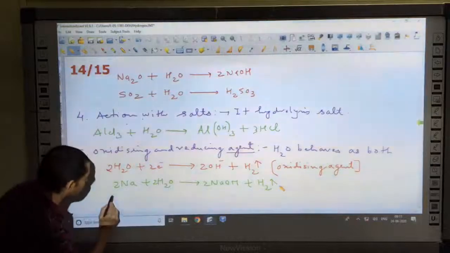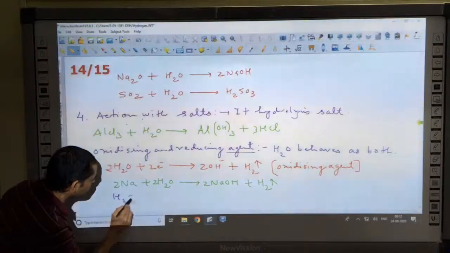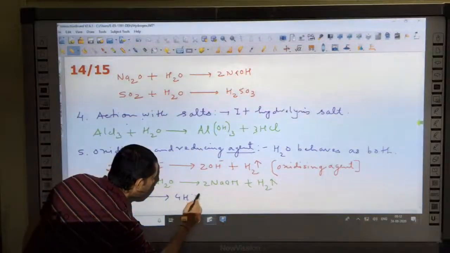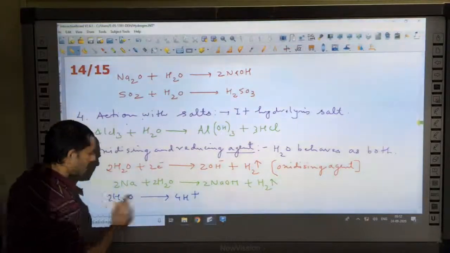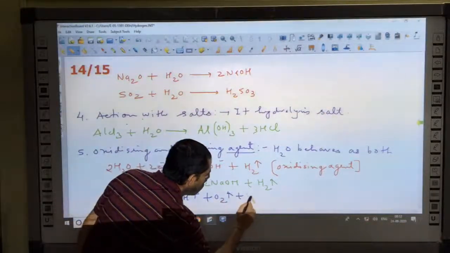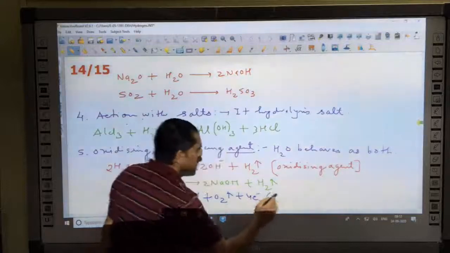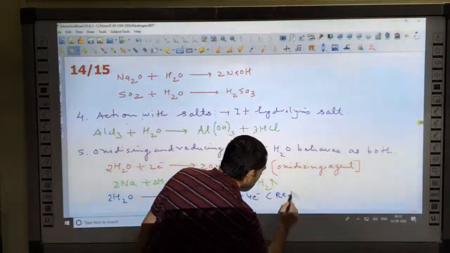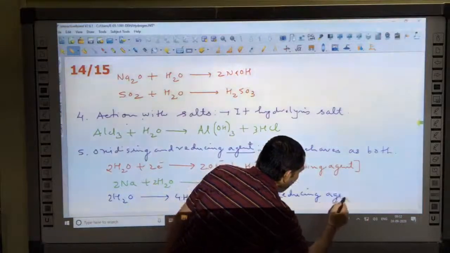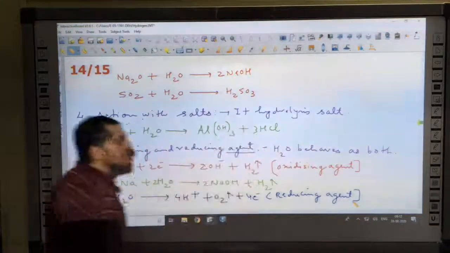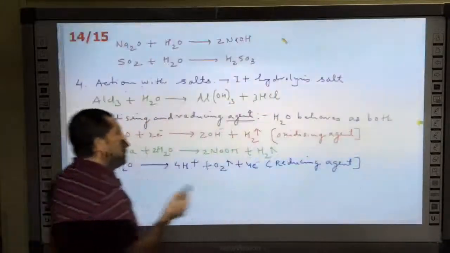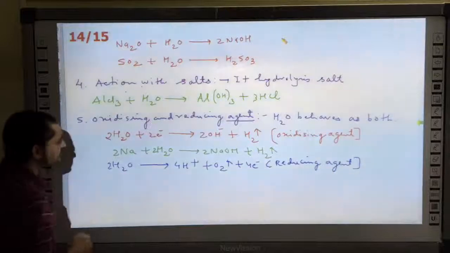I am writing over here H2O converts into 4H positive plus O2, oxygen is evolved, plus 4 electrons. In this reaction it is behaving as reducing agent. Okay. Now let us see how it is behaving as reducing agent. You can write the reaction here.